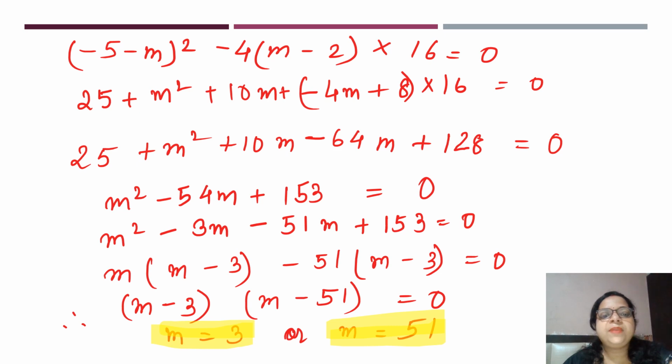So 25 plus m square plus 10m minus 64m plus 128 is equal to 0. 16 into 8 is 128, and 16 into minus 4m is minus 64m.